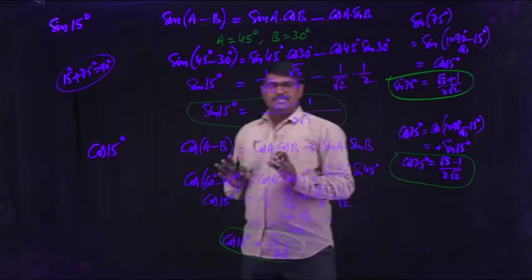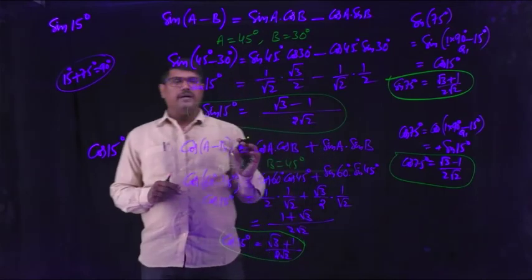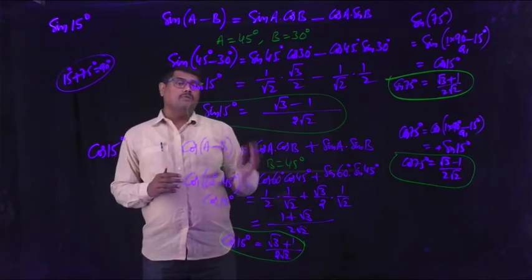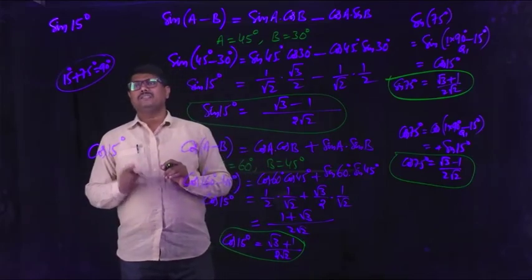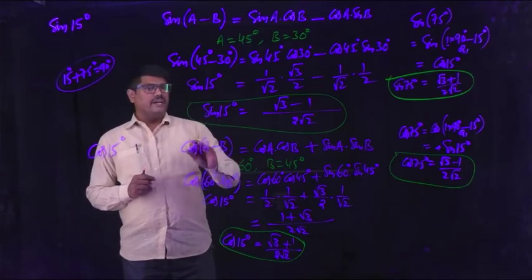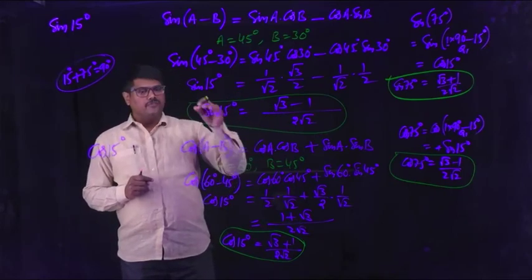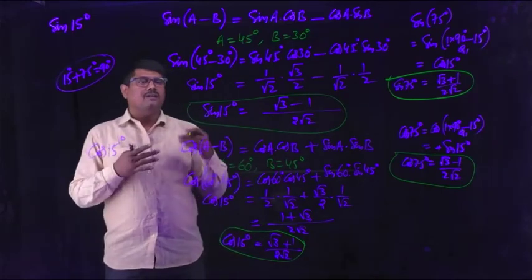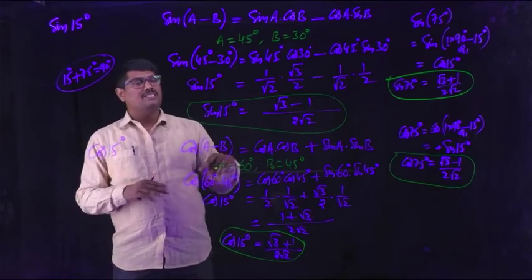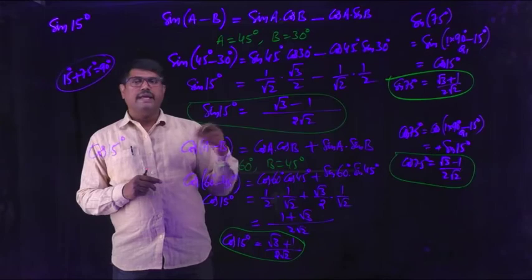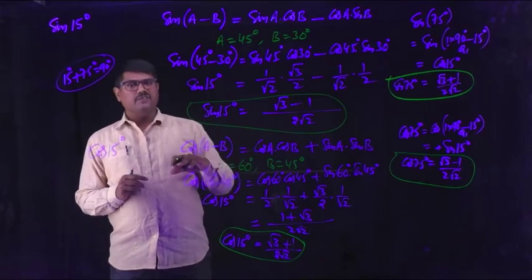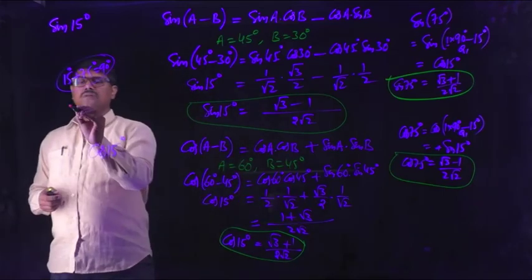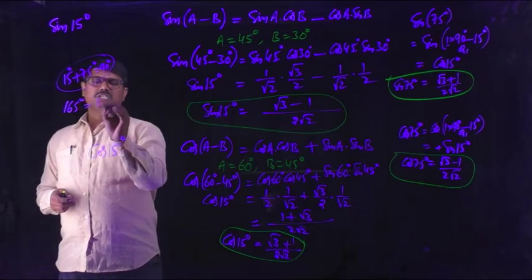So after practicing 0, 30, 45, 60 and 90 degrees, later we need to remember some more values. In this topic, compound angles, you have to remember the values of 15 degrees and its related angles. If you know the value of 15 degrees, you can find the remaining values also, like 90 minus 15, 90 plus 15, 180 minus 15, 180 plus 15. 165 is 180 minus 15.